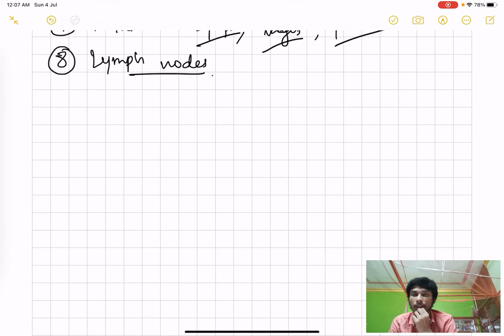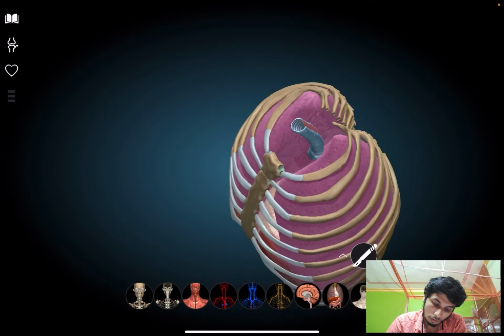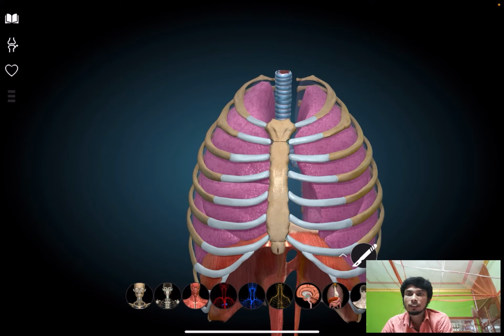What is mediastinum, boundaries of mediastinum, and contents of mediastinum. Now mediastinum, as you can see, is a big space, so it is divided for our ease of organization into mainly two parts, that is superior mediastinum and inferior mediastinum. The inferior mediastinum is further divided with the help of pericardium, the layer of heart, into three parts: anterior, middle, and posterior mediastinum.